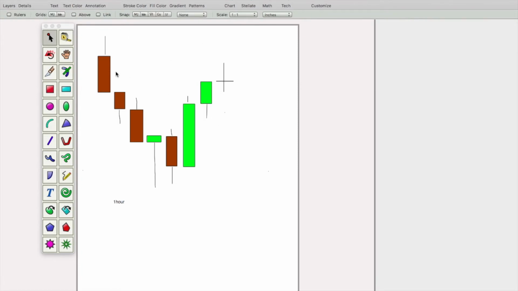Alright, now let me explain this to you. So let's say price opened over here, because remember this is a bullish candle. You can see it's red. It's in a downward movement. It opened over here, closed over here. Let's say it opened at, let's give it a 10.